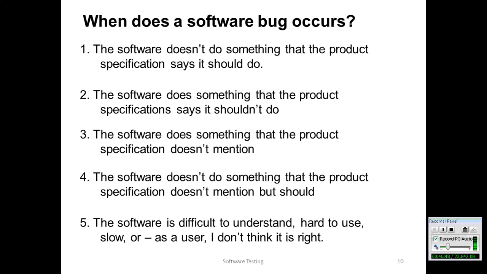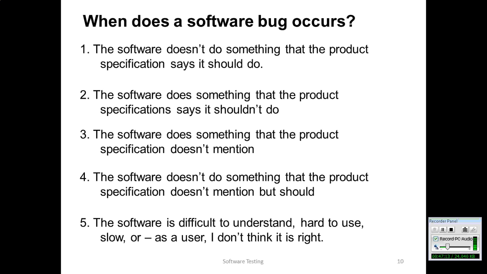Let's see the second one. The software does something that the product specification says it should not do. Okay, what's wrong with that? The software is doing it, but it is not mentioned in the requirement document. It's not required.